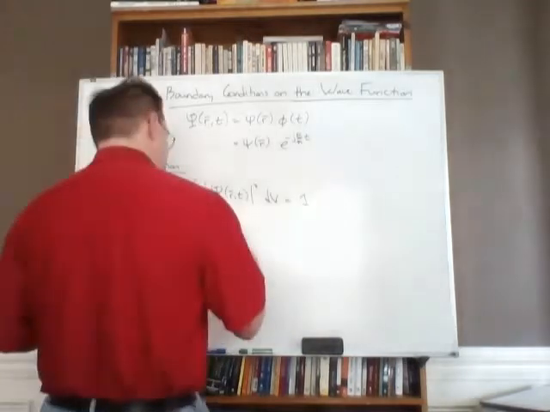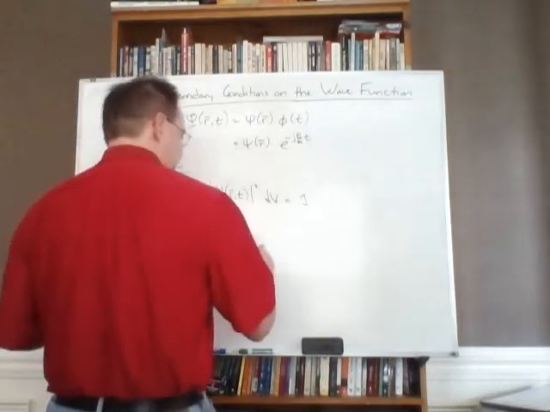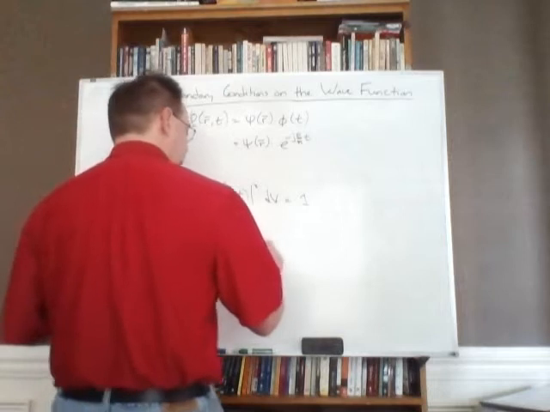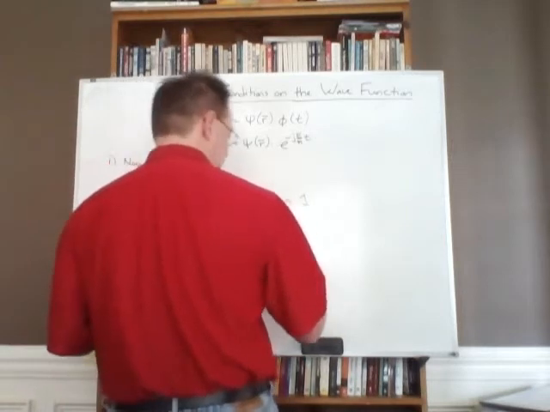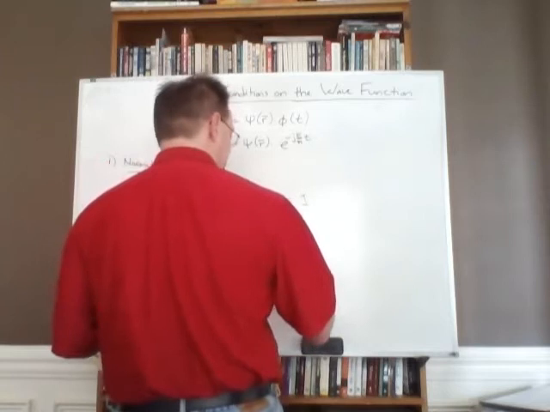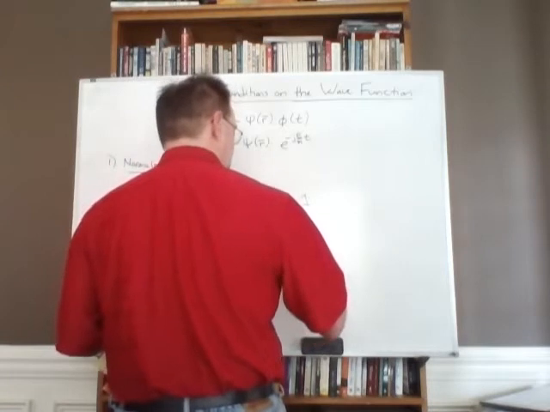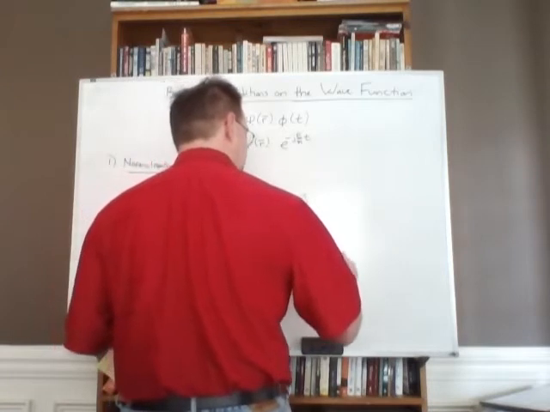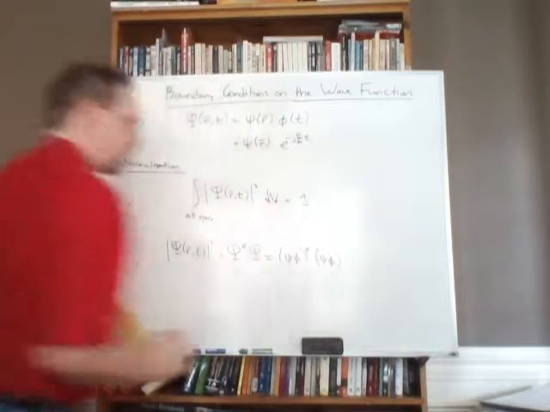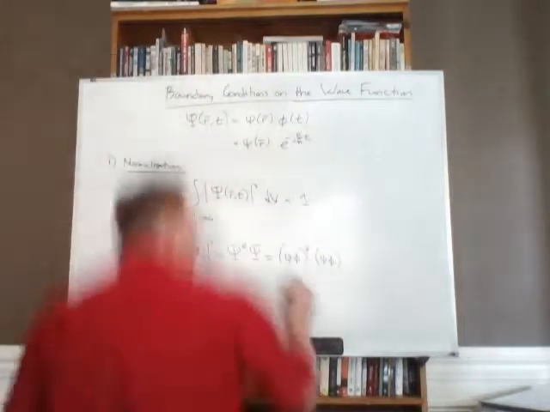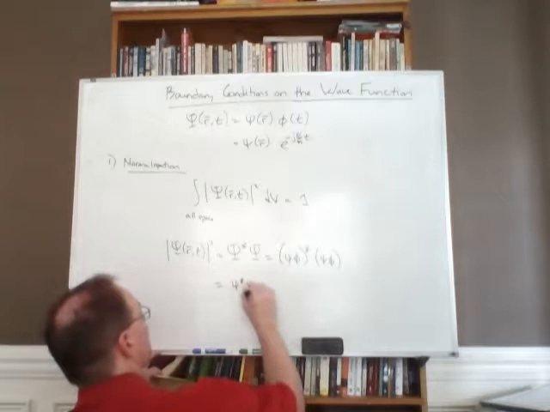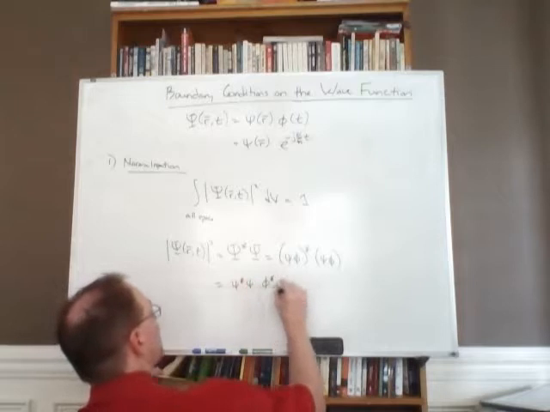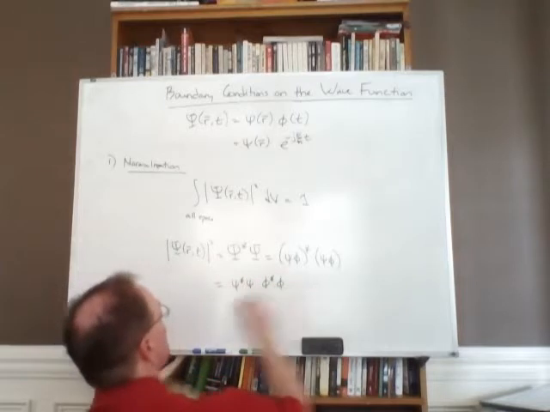This is psi star psi, capital Psi, and that would be little psi times phi star, so this is little psi star little psi times phi star little phi.